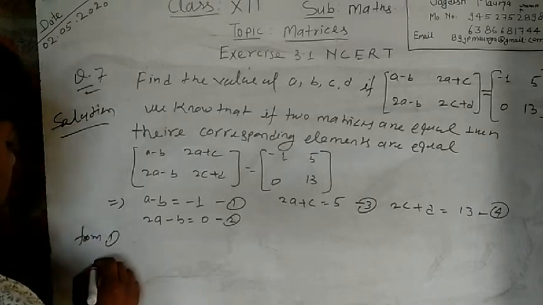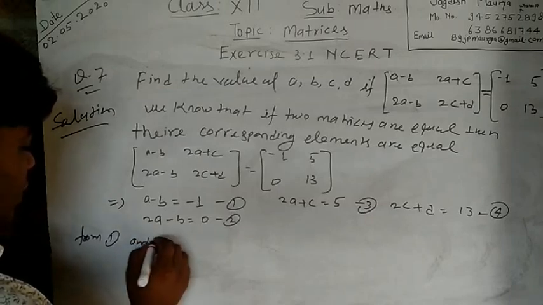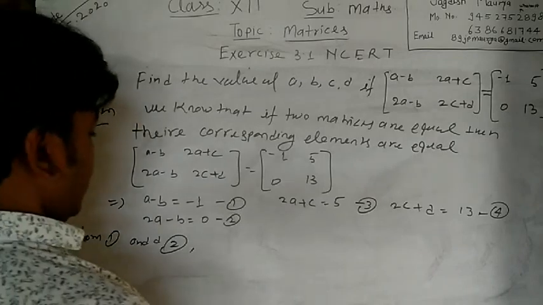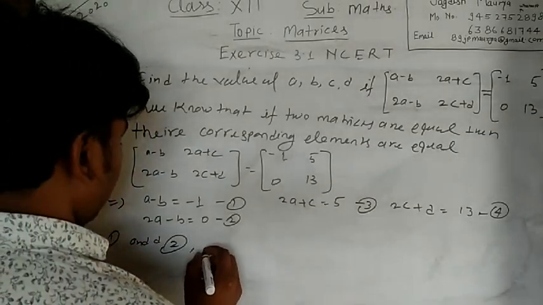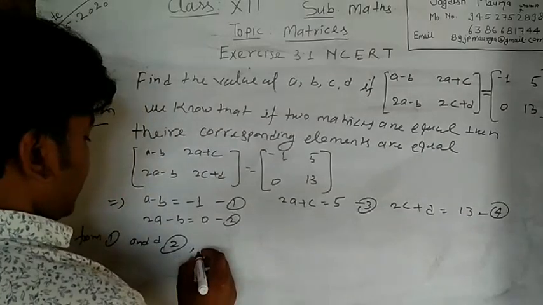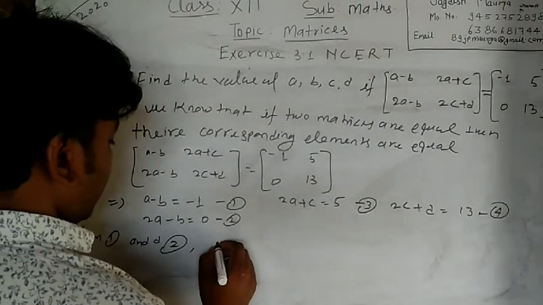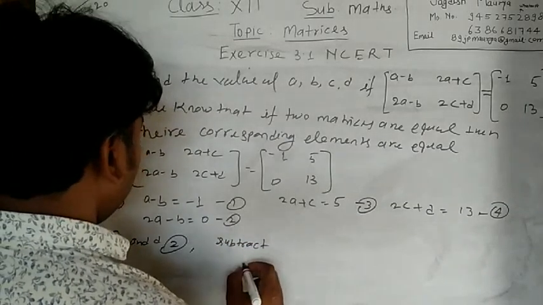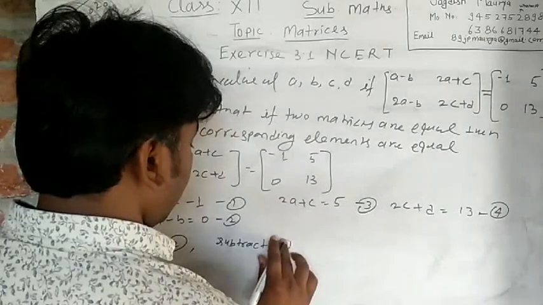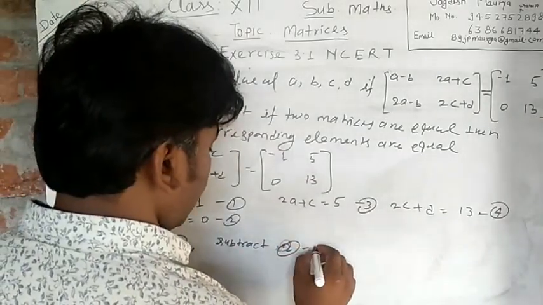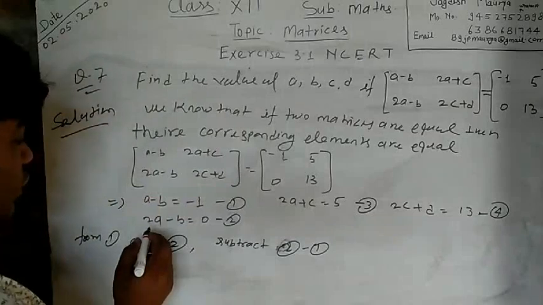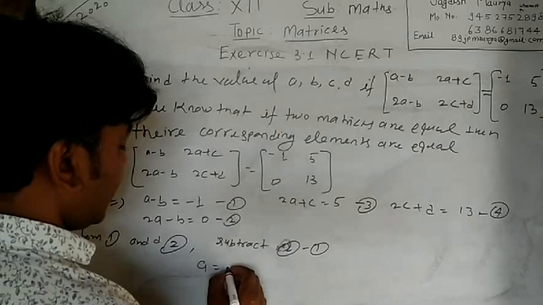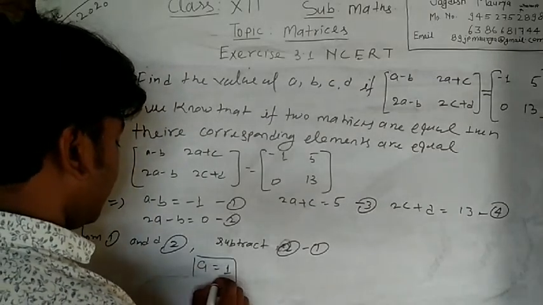Subtract 1 from 2: 2a minus a, and here we cancel out, this will come to a equal to 1.